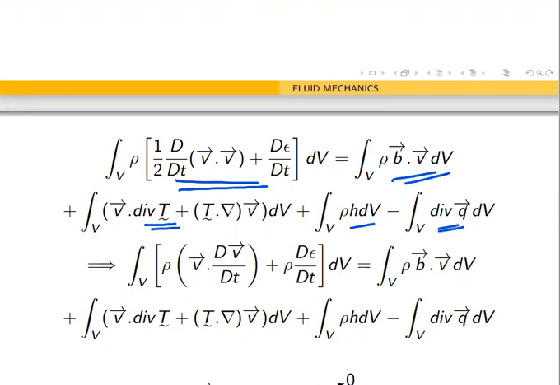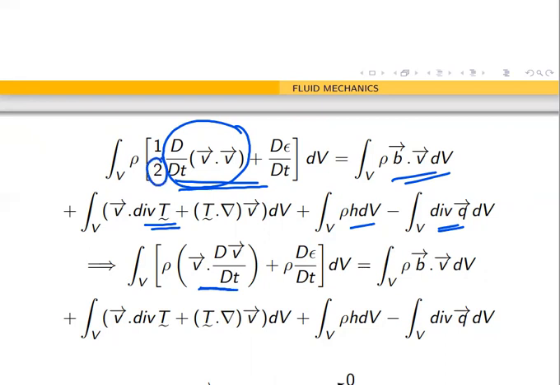Now on the LHS, d by dt of V dot V is nothing but twice V dot dV by dt. The twice and the half here get cancelled.